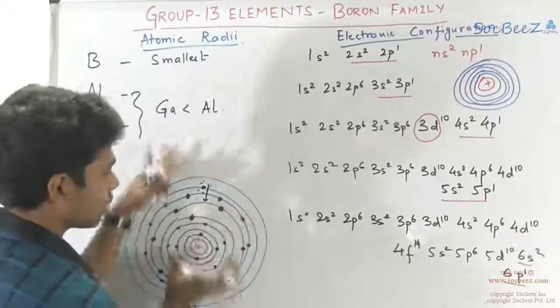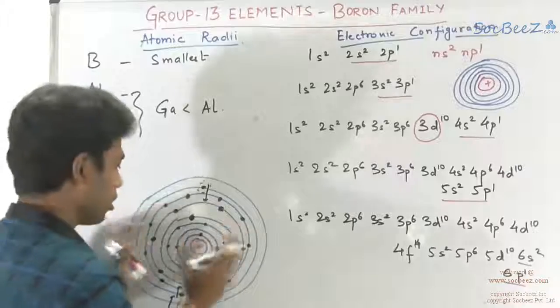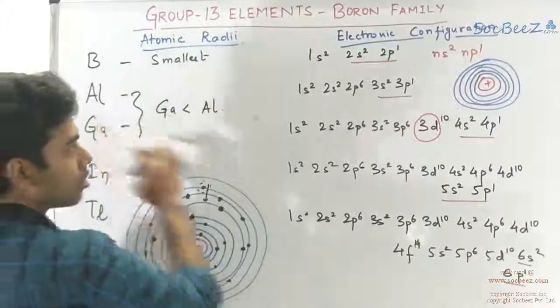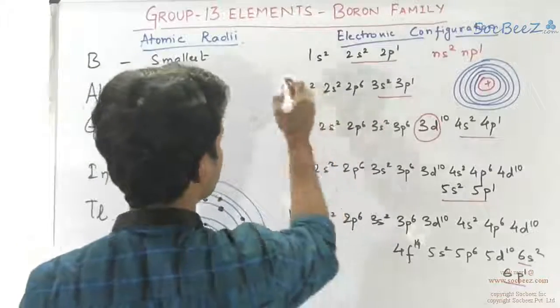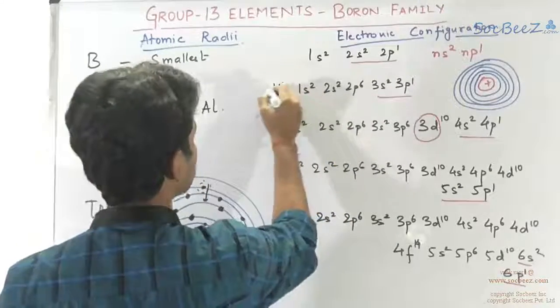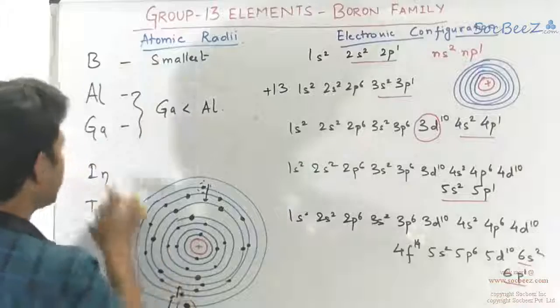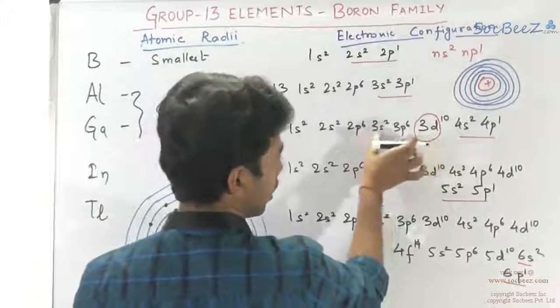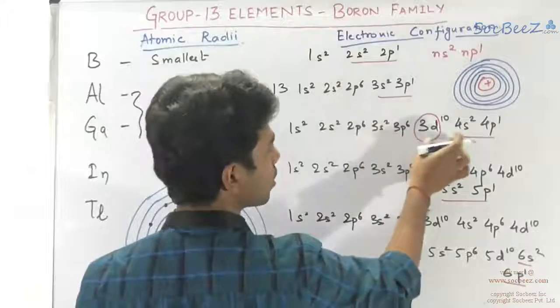Basically this thing shrinks. So you can see that for aluminium the nuclear charge is how much? For aluminium, the positive charge is plus 13 inside, but for gallium it is what? 10, 8, 18, 28 and 31.